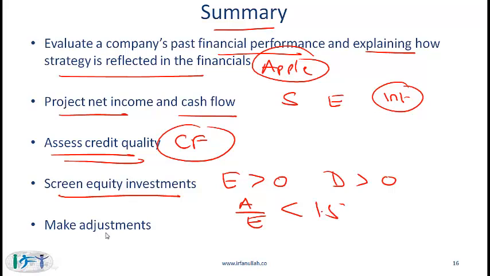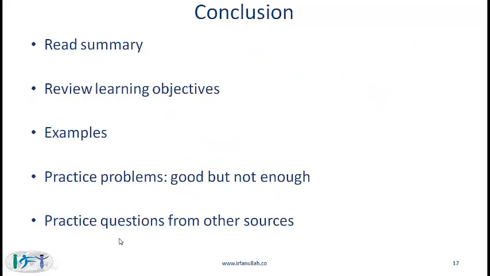And finally, we talked about making adjustments. We need to recognize where and when adjustments help. Once we have recognized what adjustments need to be made, then we need to know the proper steps for making adjustments. Before comparing ratios, we need to make sure that we are comparing apples to apples. That's what adjustments is all about.